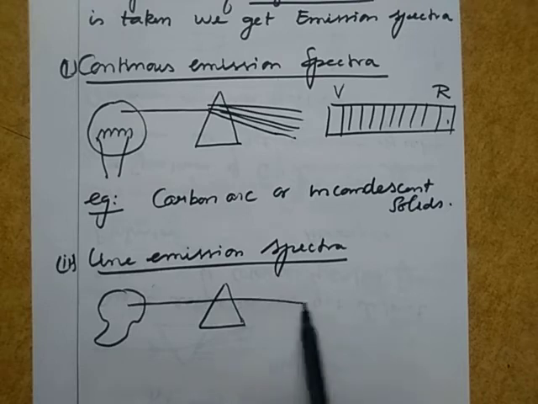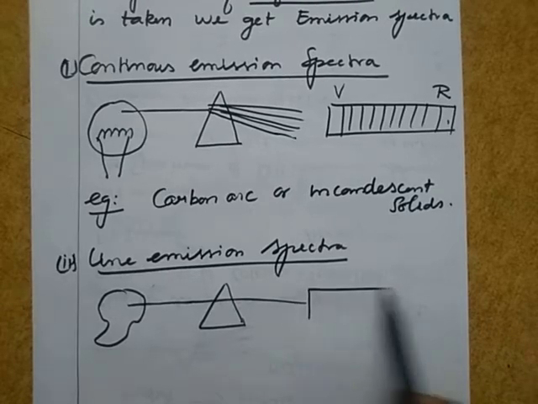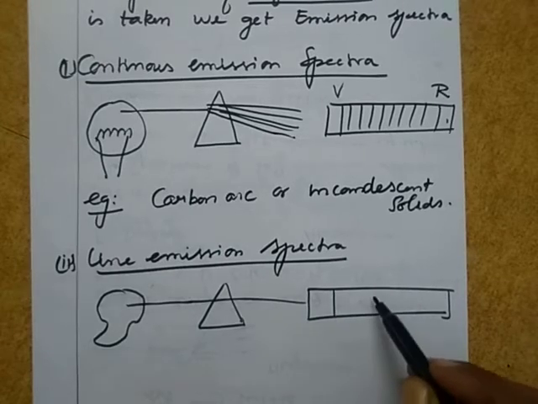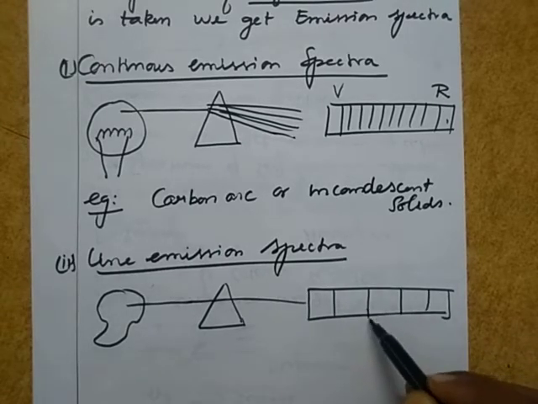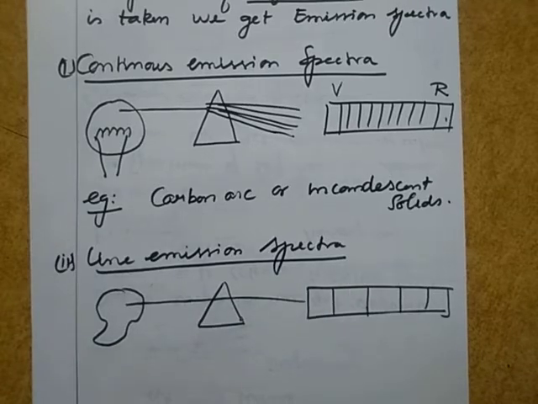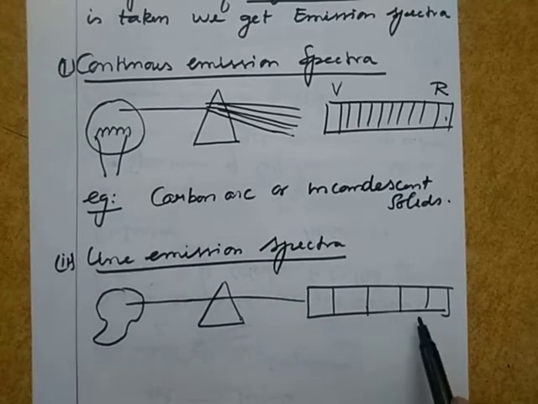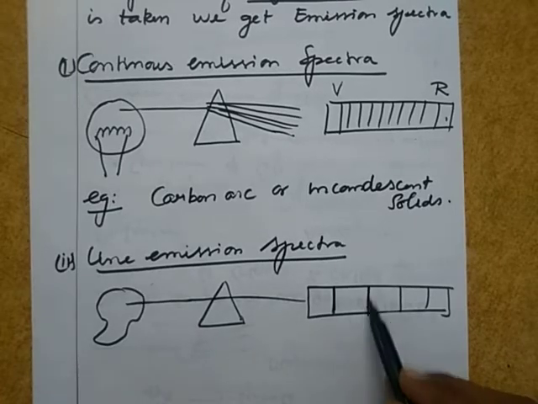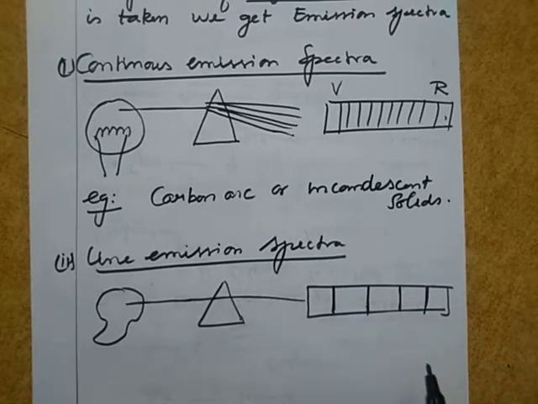We get a spectrum having definite wavelengths. This is known as line spectra or discontinuous spectra. These line spectra are sharp lines of definite wavelength.